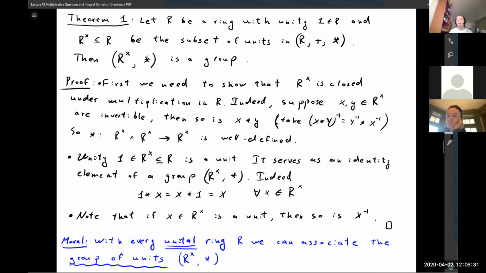So R itself, with respect to the addition, forms an abelian group, but there's actually a different subset, R cross, which forms a group with respect to the binary operation star. So any questions about this?